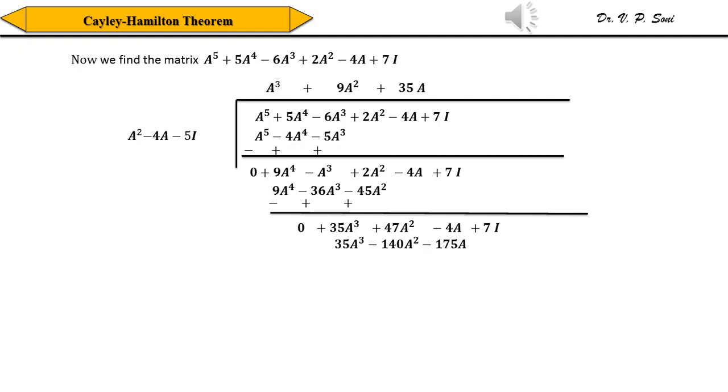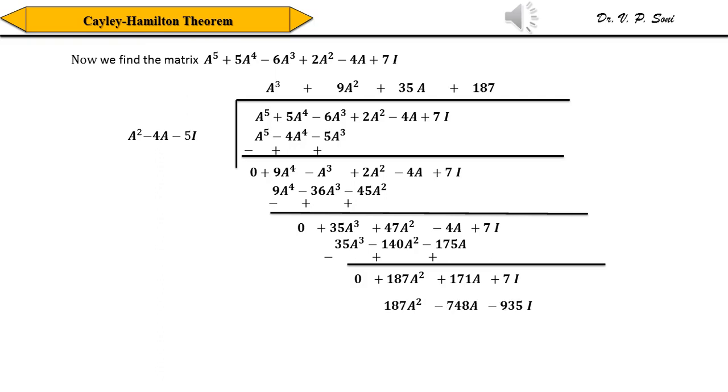Now subtract them, then we get 187A square plus 171A plus 7I. Again multiply the divisor by 187, then we get 187A square minus 748A minus 935I.